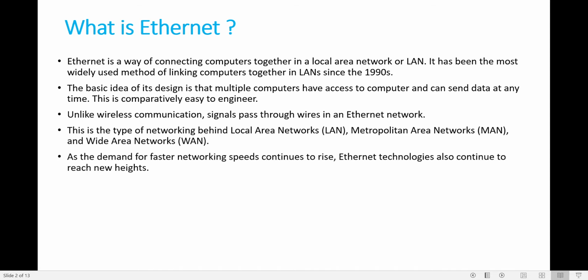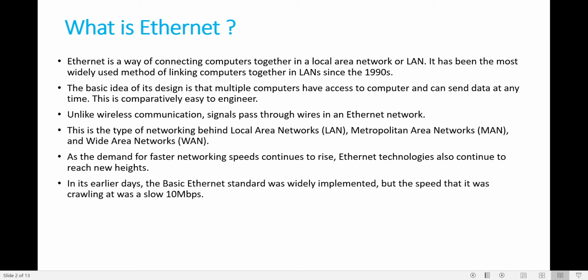Now, as the demand for faster networking speed continues to rise, Ethernet technologies also continue to reach new heights. In its earlier days, the basic Ethernet standard was widely implemented, but the speed it was crawling at was a slow 10 Mbps.